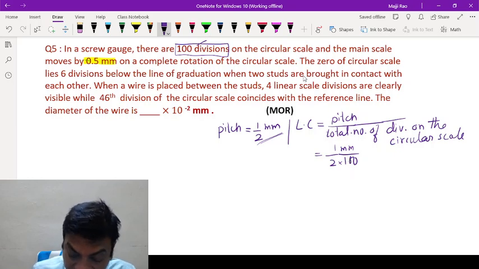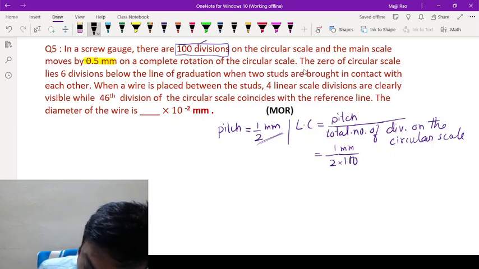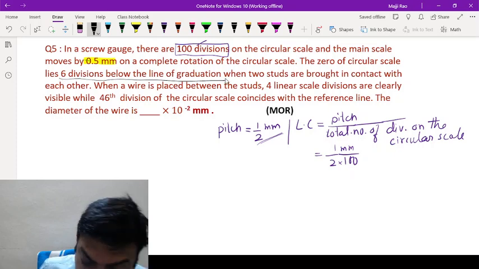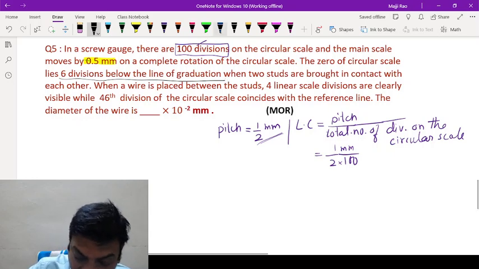Then coming to the situation, what will happen? The zero of the circular scale lies 6 divisions below the line of graduation when the two studs are brought in contact.